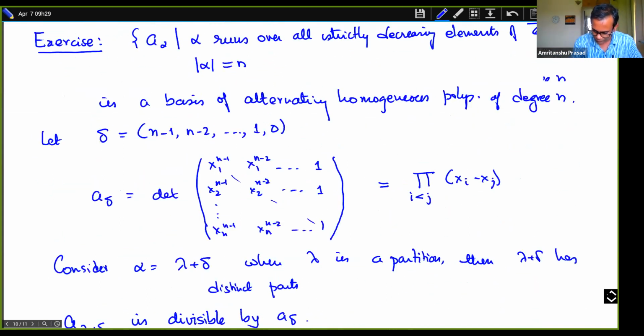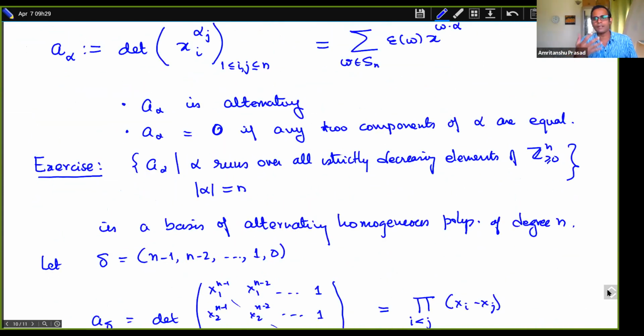Using this first exercise, you can actually show that any alternating polynomial is divisible by A delta. And so using this, you can show that multiplying by A delta gives an isomorphism from symmetric polynomials of some degree to alternating polynomials of that degree plus the degree of A delta, which is n choose 2.